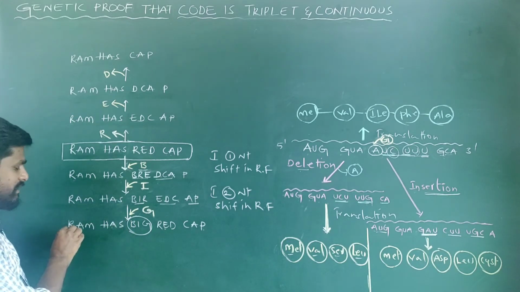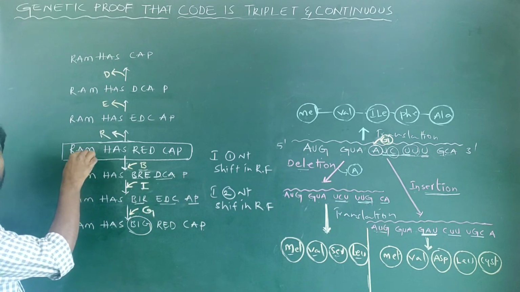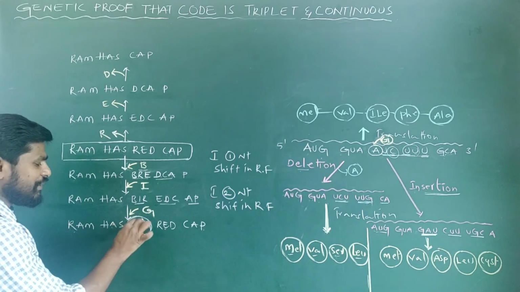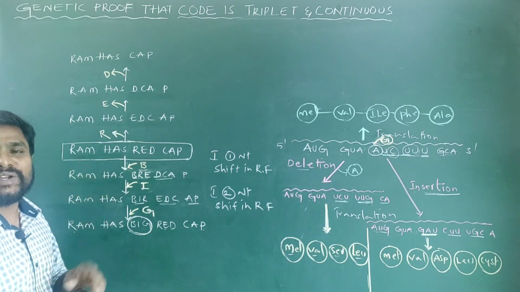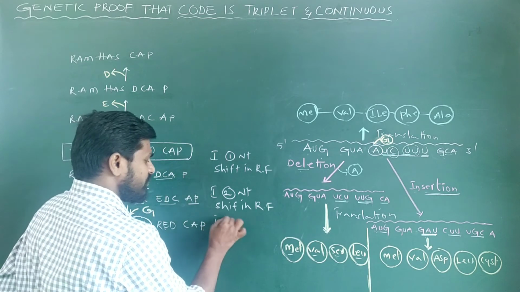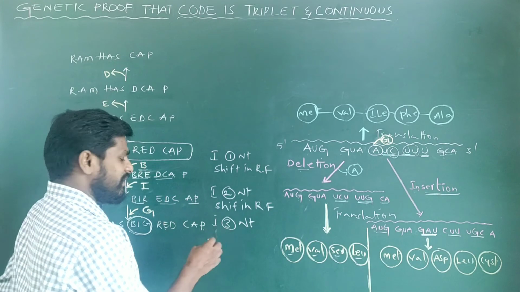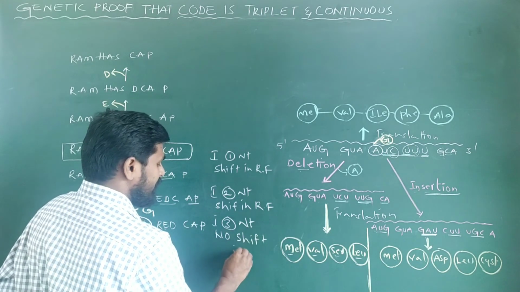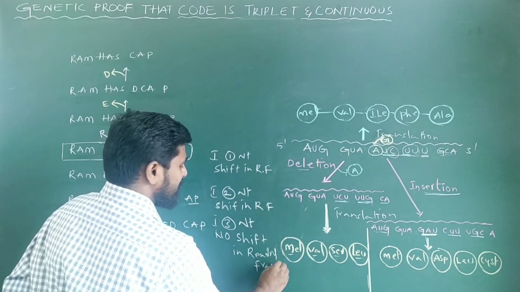The 4 triplets Ram has red cap remained as original, but you can find the additional triplet codon at the point of insertion of 3 nucleotides. The conclusion is that insertion of 3 nucleotides does not result in a shift in reading frame of the statement.